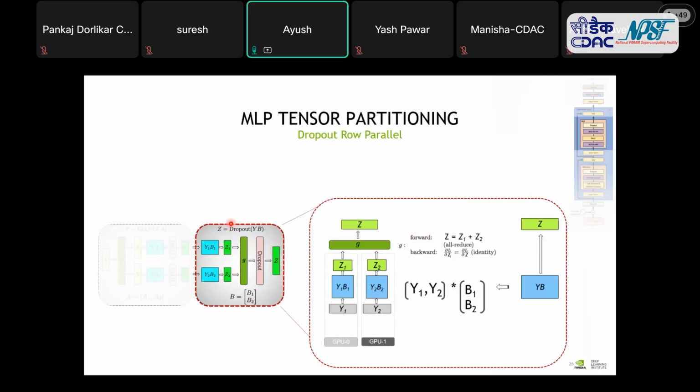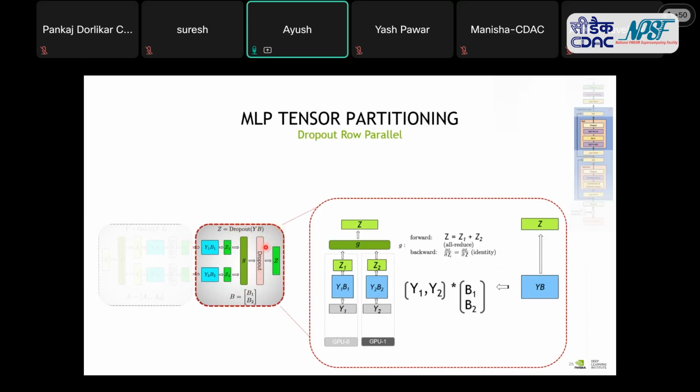Before dropout, you need to concatenate both of them together. So again, you need some communication here because each GPU should now contain the information that is not on its GPU. So there is a communication of the final Z1 and Z2 to the other GPUs, an all-reduce operation. Then you apply the dropout over the collective concatenated output.